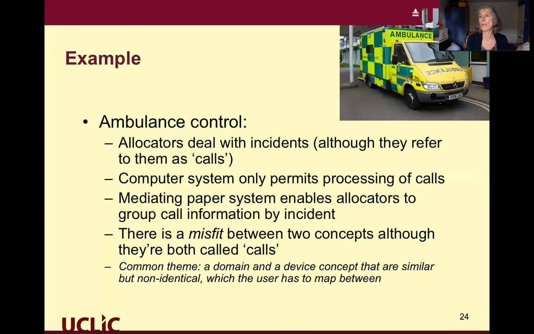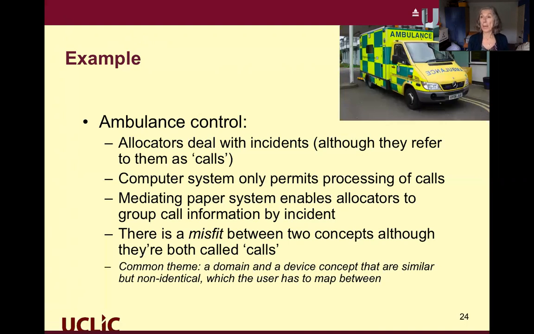So, in this case, we could say what the controllers need is a system that allows them to group information from multiple calls, sometimes to represent information about one actual incident and what ambulances have been sent to that incident, how many casualties there are to be dealt with, etc. So this is one example where the same word is used for two different things.